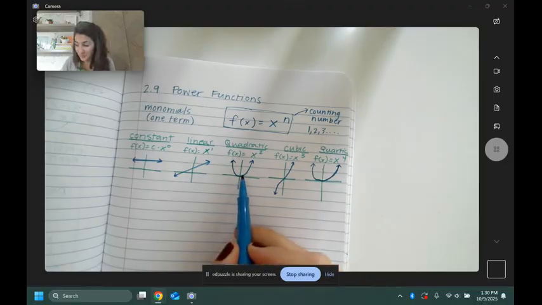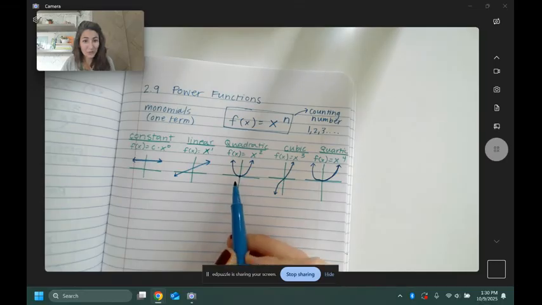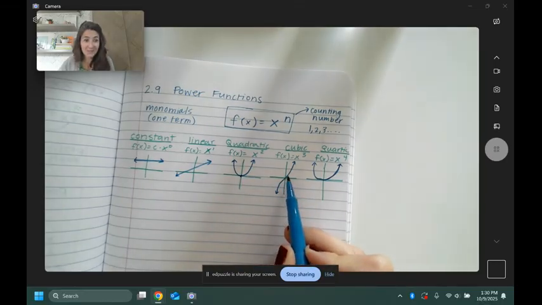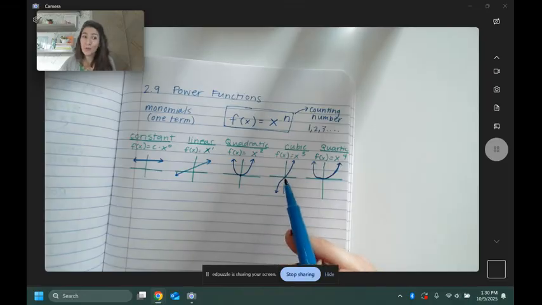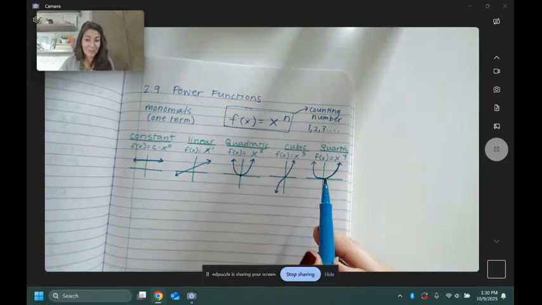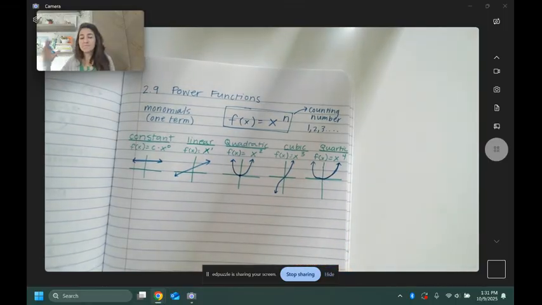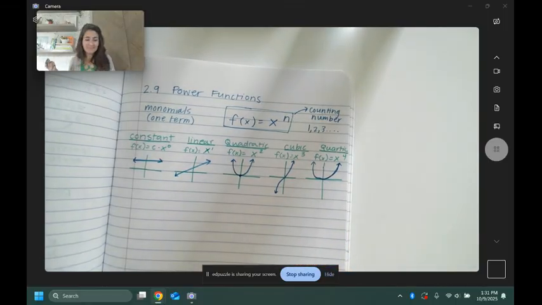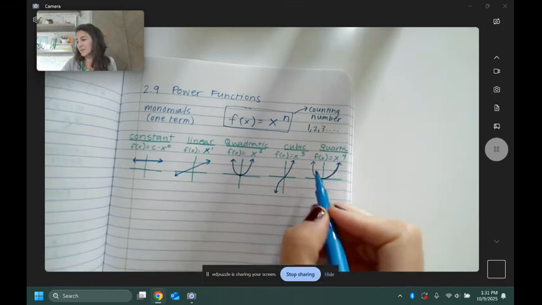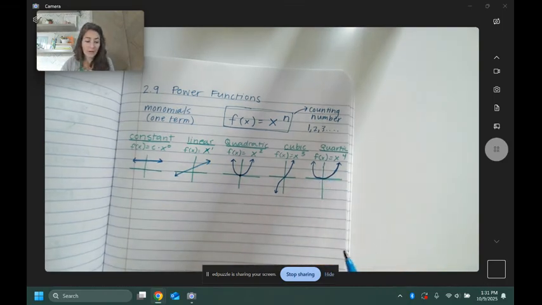In the parent function, they're both at 0 with a multiplicity of 2. Cubic function, again, the root is 0 with a multiplicity of 3. In quartic here, the root is 0 with a multiplicity of 4. So the degree tells you a little bit about the shape, but quartic will appear a little bit wider.